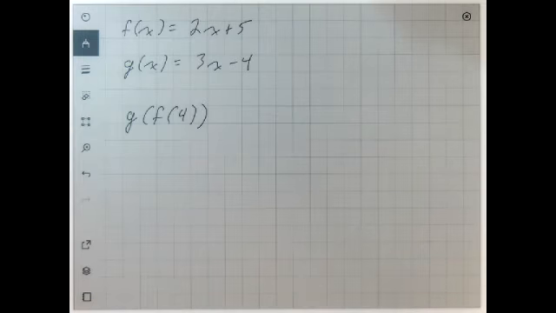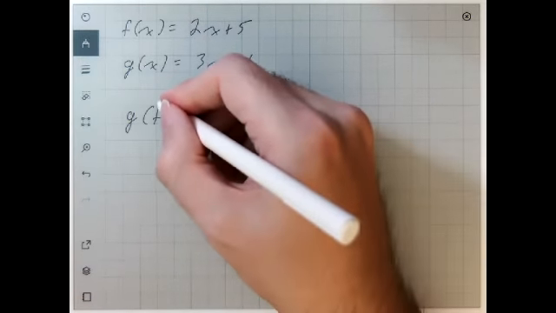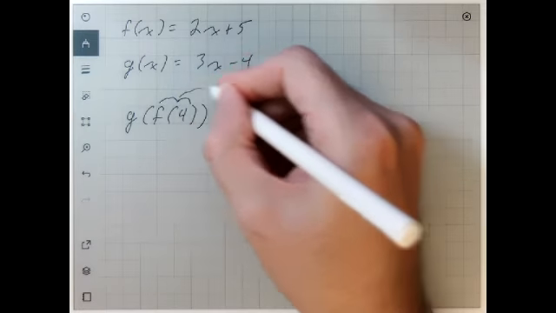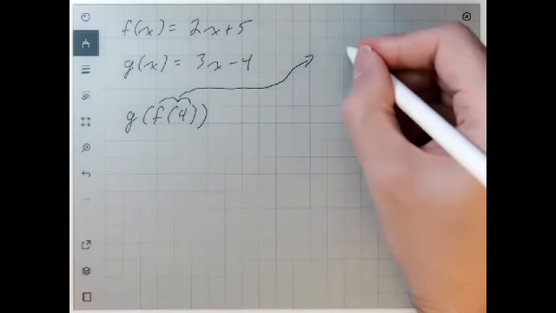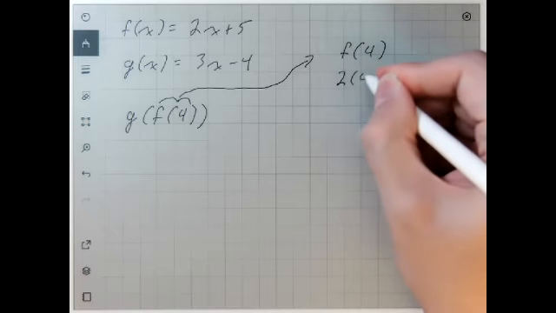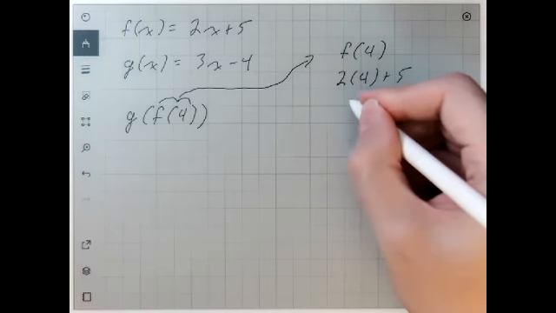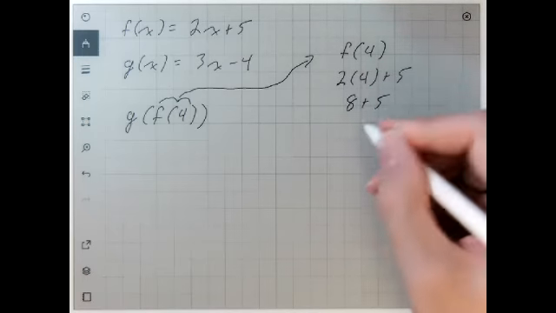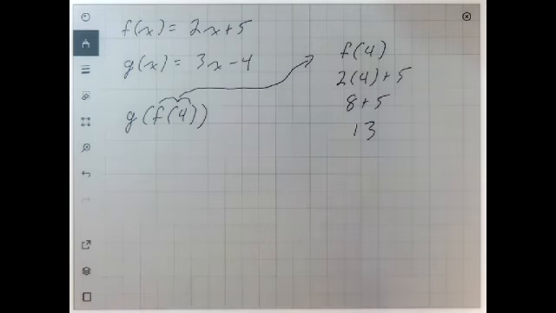Again, following the order of operations, the first thing I want to do is break that inside bit out. Let's take a look at f of 4. And just running through the arithmetic, f of 4 is 13.